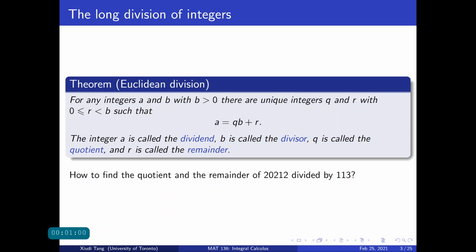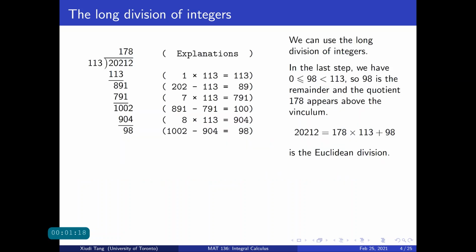So for instance, given the dividend 20,212 and the divisor 113, how do you find the quotient and the remainder? The algorithm we will use is called the long division.